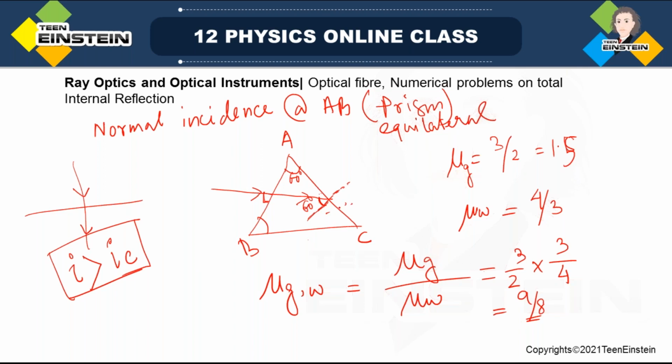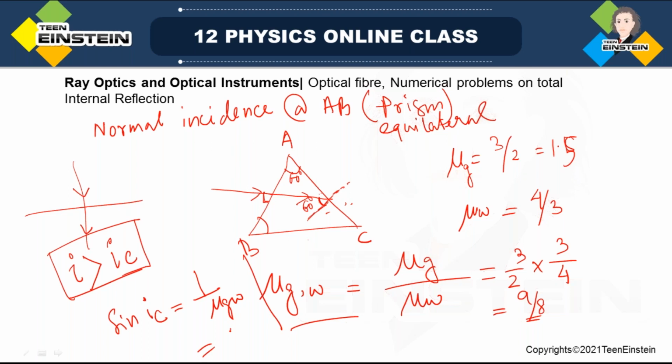In this case, the interface is water and glass. You have the refractive index of the glass prism with respect to water. So in such interfaces, how much will be the critical angle? You know the formula. Sin IC will be equal to 1 over refractive index, here 1 over mu g with respect to water.